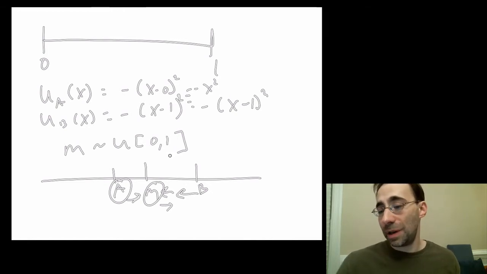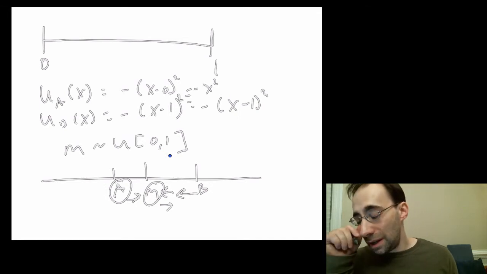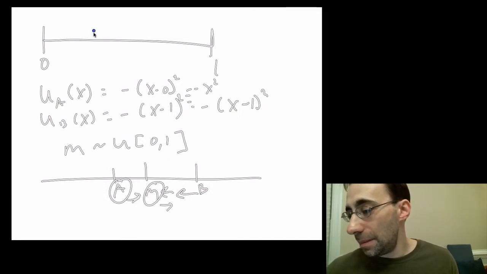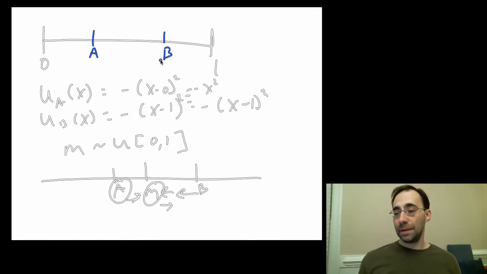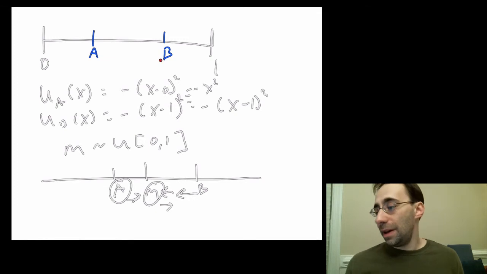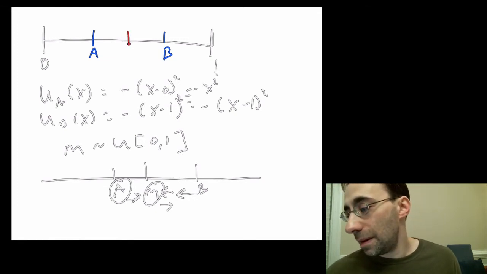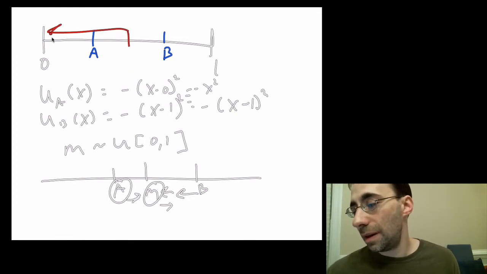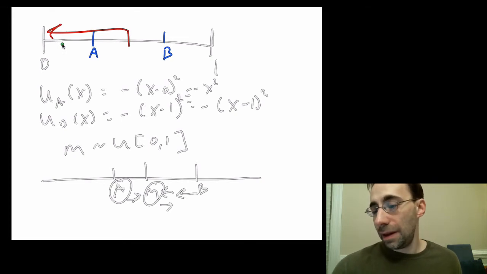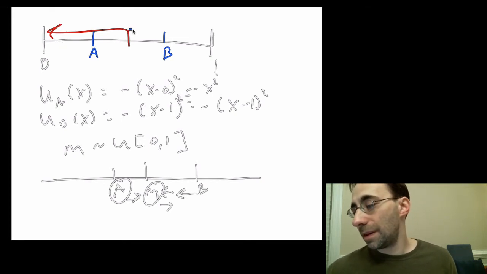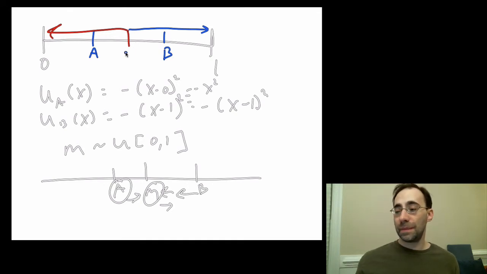You can see that by looking at this picture up here. Let's say party A is over here, and let's say party B is over here. Well, the median might end up anywhere. If the median ends up from the midpoint this way, party A wins. If the median ends up from the midpoint to the right, party B wins.